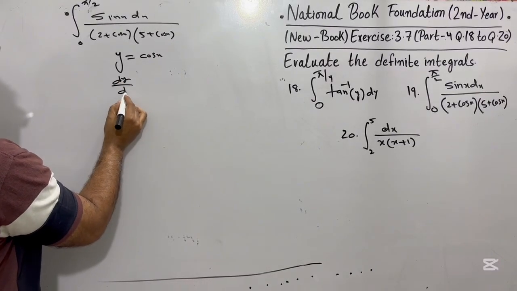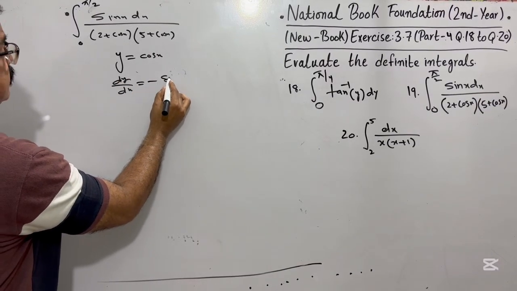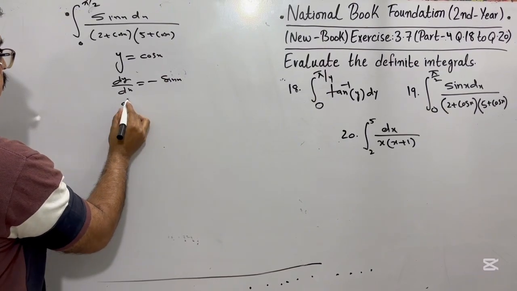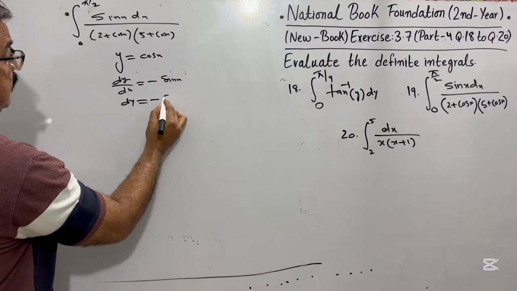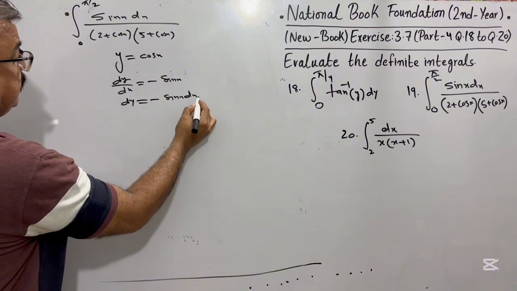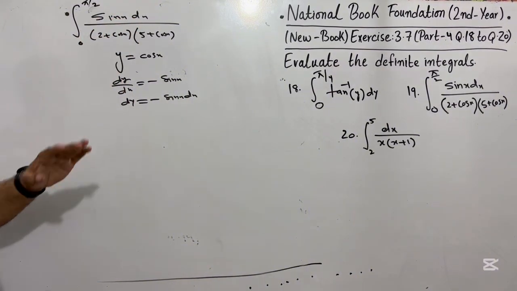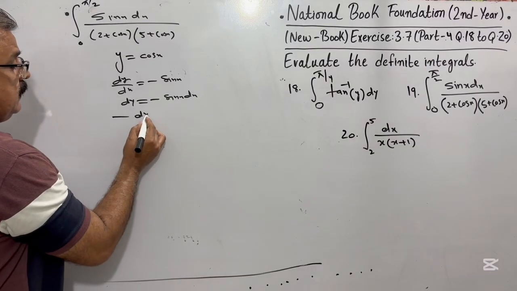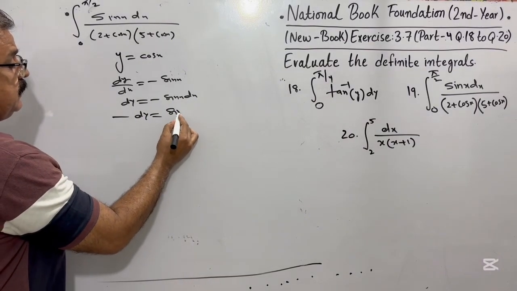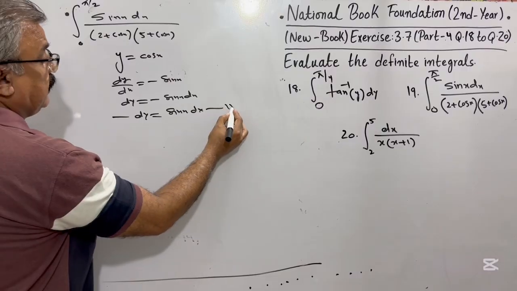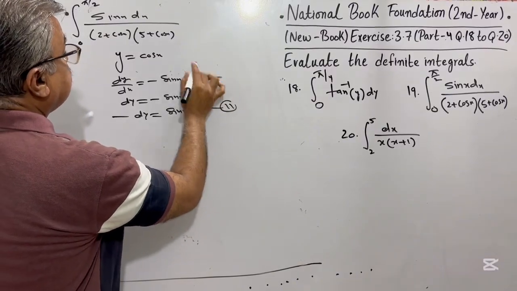Differentiate with respect to x: dy over dx, differentiation of cos is minus sine, so the differential dy is going to be minus sine x dx. We are interested only in the value of sine x dx, so multiplying by minus throughout, we have minus dy is equal to sine x dx.